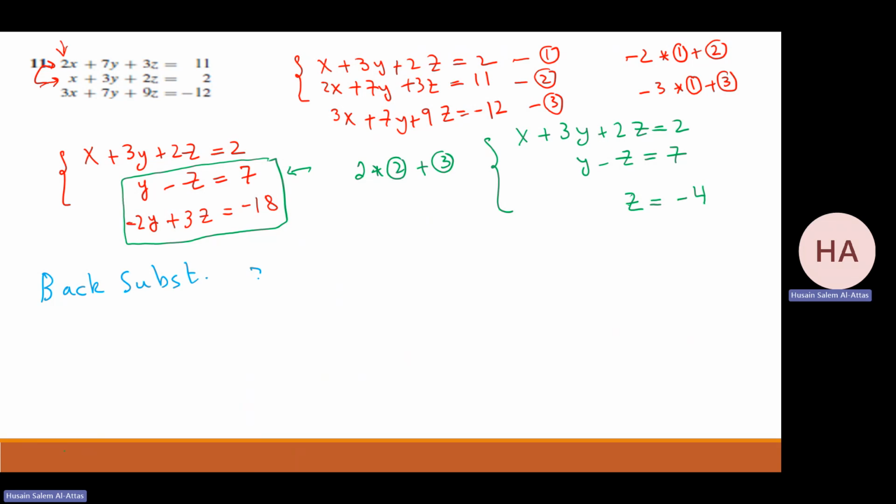Okay, so I have z equals minus 4, plug it in the second. So I have y minus 4 is equal to 7. So y will be what? y will be 7 plus 4, which is 11. Now plug z and y in the first one. That implies x will be equal to 2 minus 3y minus 2z.